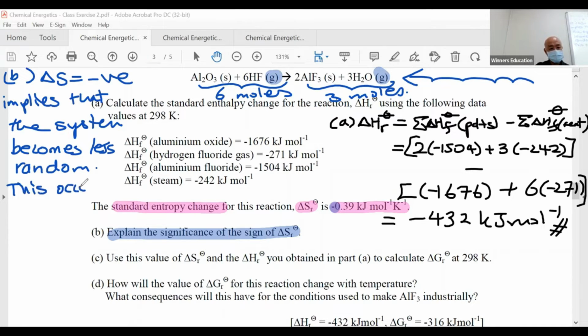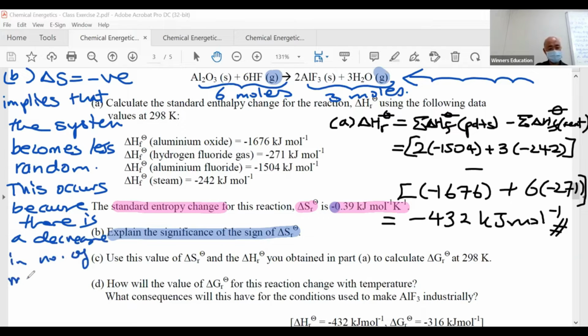This occurs because there is a decrease in the number of moles of gases. You want to put the value? Carry on. All right, so I'll go and talk about it. Okay, so I always go back to the question.